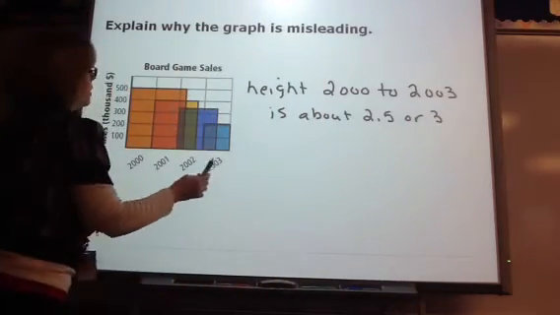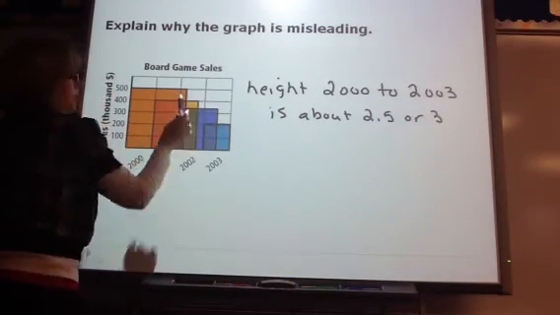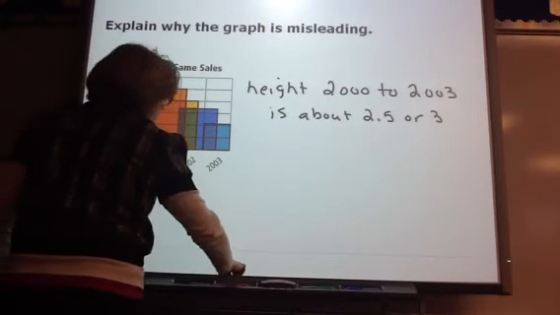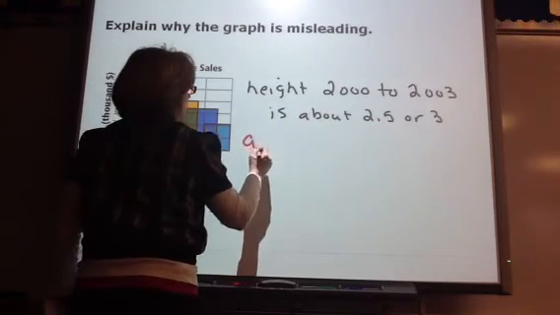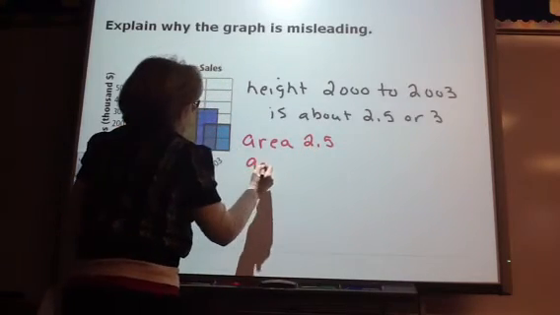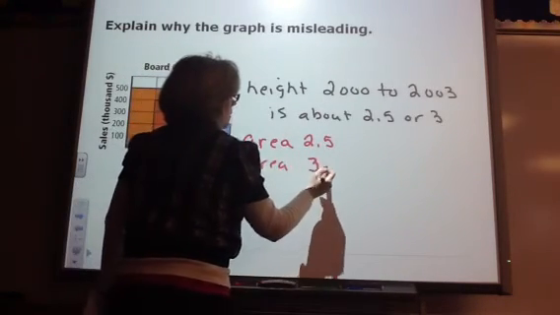Okay, strictly looking at the bars from here to here. Okay, so let's take the area of 2.5 and the area of 3.